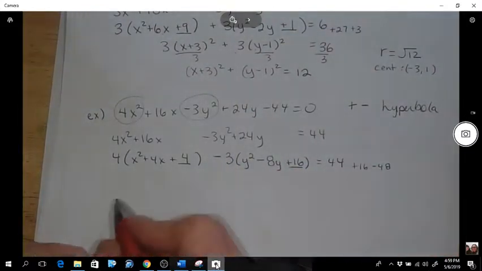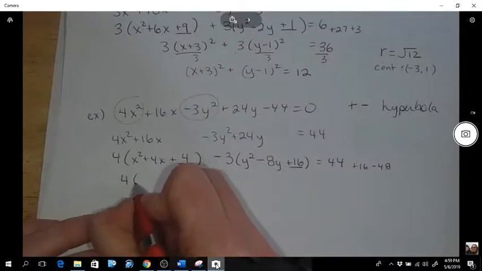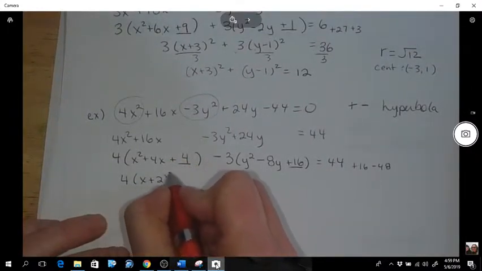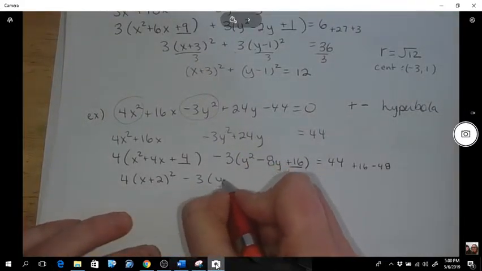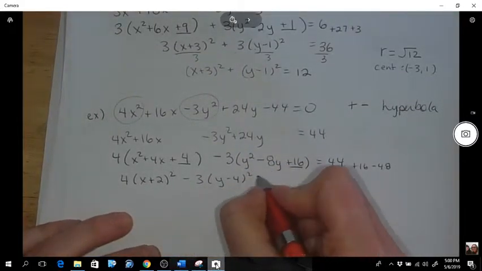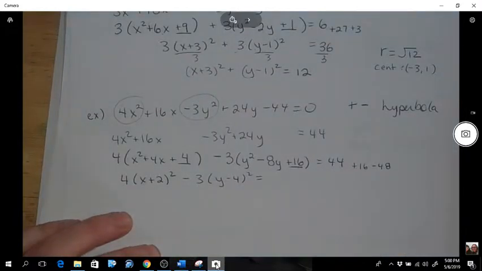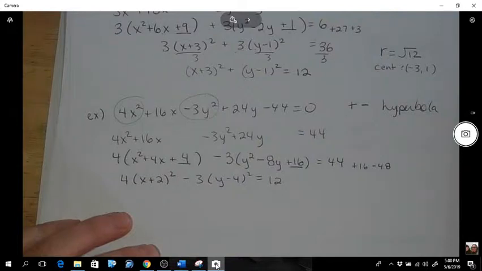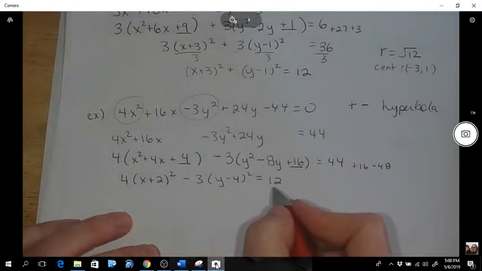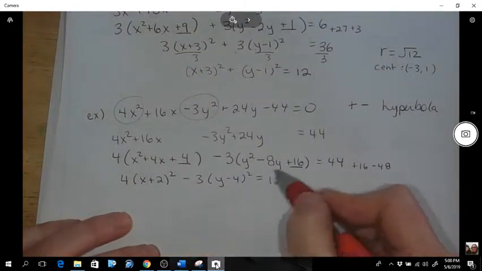Okay, so let's write it with a binomial squared. x plus 2 squared gives us that trinomial. y minus 4 squared gives us that trinomial. And that all together adds to 12. Okay, now when we do a hyperbola, we always want a goal of having 1 over here.